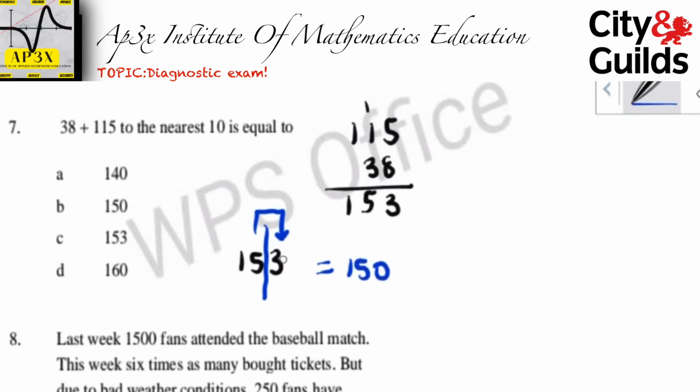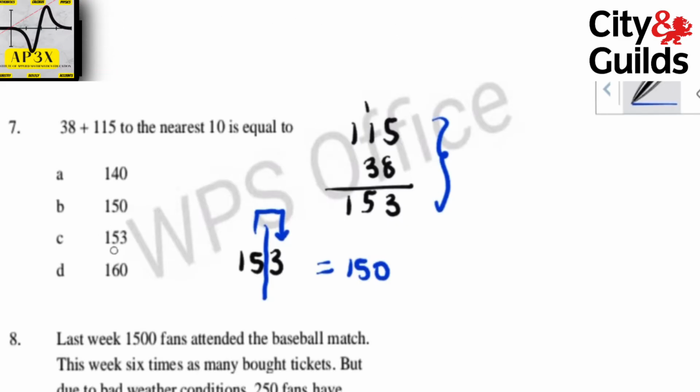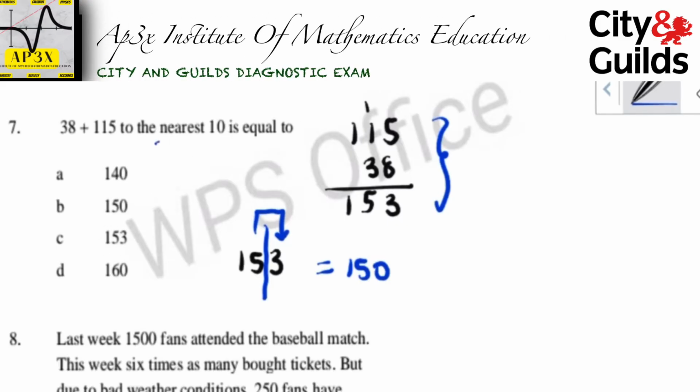Now if it was another number like 6 or 7, 8 or 9 or even 5, then we would increase the 5 to 6, so the answer would have been 160 as opposed to 150. Now many students can get caught here because after adding these two numbers, notice that the answer that you got is exactly there to catch you, but you must pay attention to this section that says to the nearest 10. So therefore then the answer is in fact B.